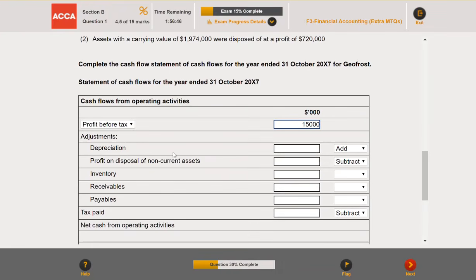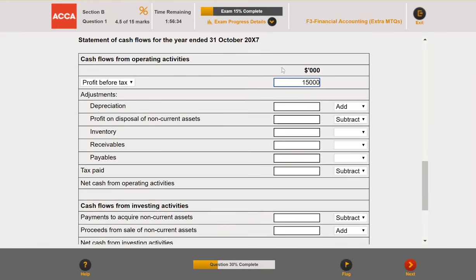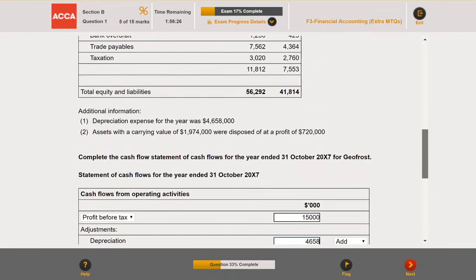Then we adjust for non-cash items. So first thing, depreciation. Depreciation is also given. So 4.6 million. Profit on disposal is also given here.